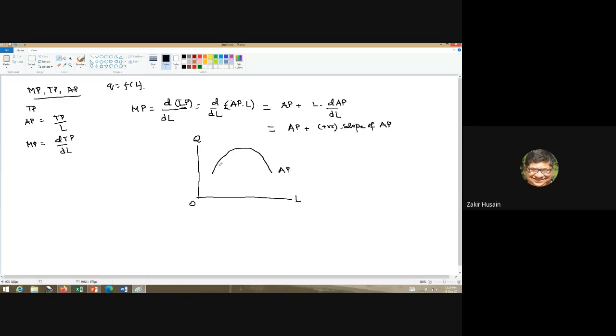So in this part, Q less than Q star, what is the value of dAP/dL? Zero, positive, negative? Positive. Now AP is positive.